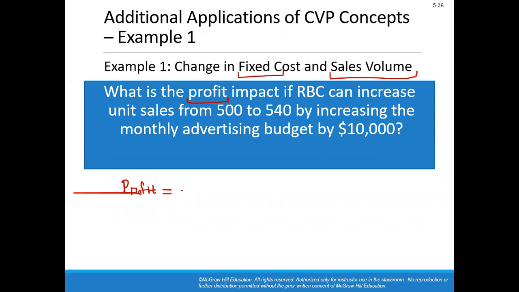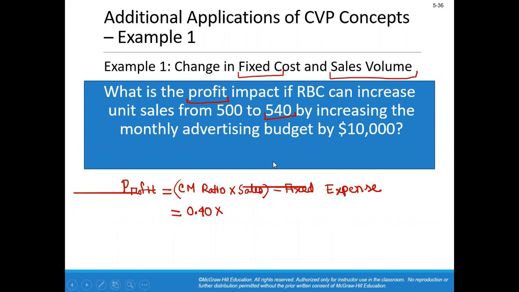Okay, profit is equal to contribution margin ratio multiplied by sales. So contribution margin ratio is 0.4 or 40%, multiplied by our total sales, which should be 540 multiplied by selling price.